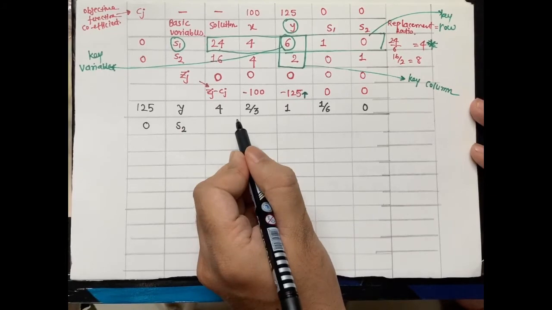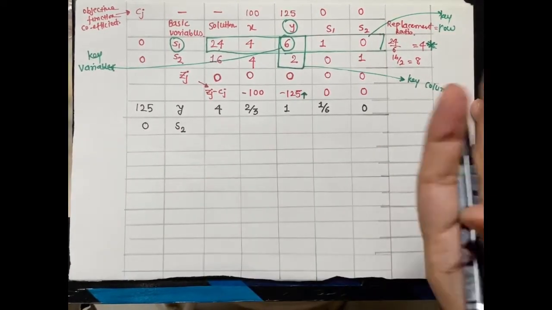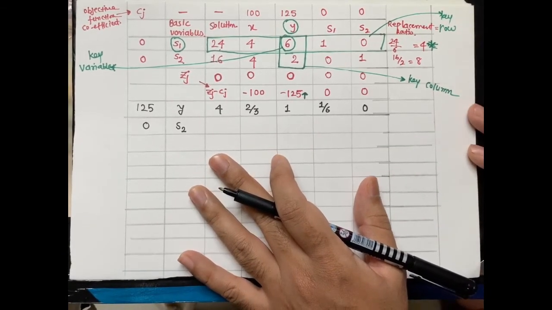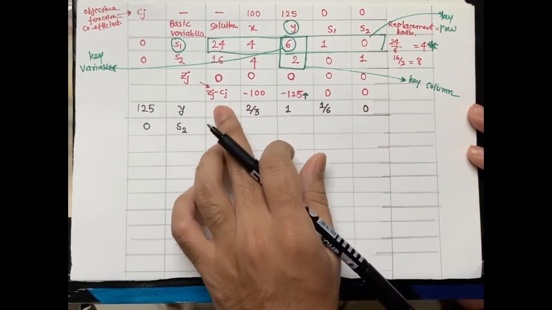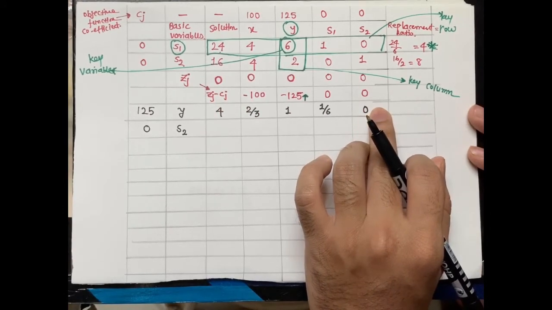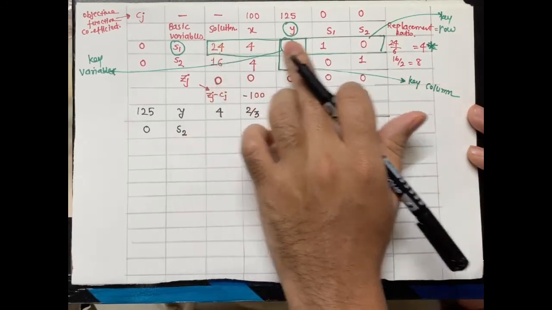To bring a 0 here, I require to perform one row operation. But for performing that row operation, I have to consider this new row only. Here onwards, I do not need to look at this previous row.